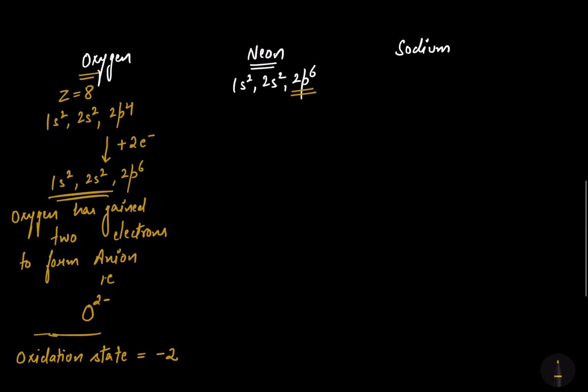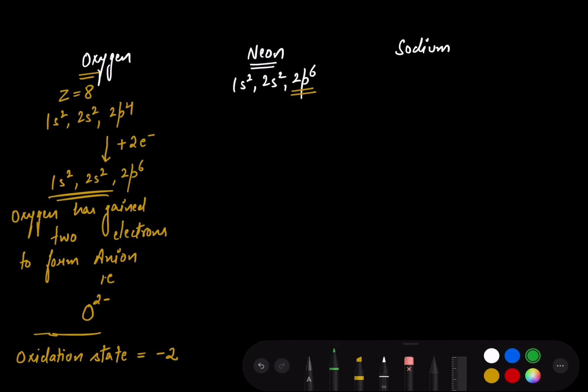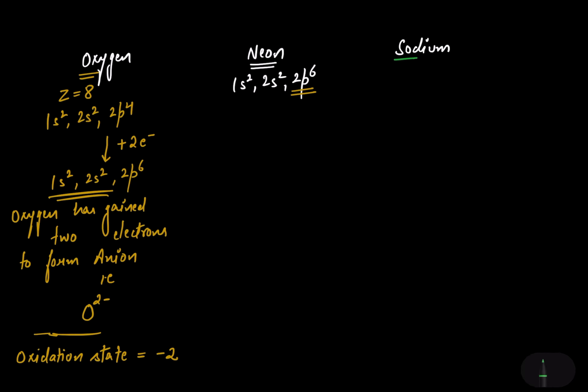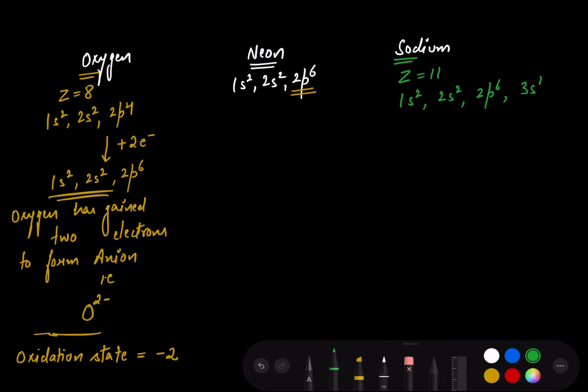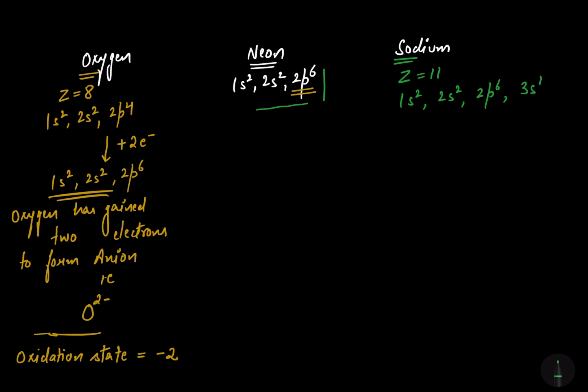Now let's talk about sodium. The atomic number of sodium is 11. Its configuration will be 1s2, 2s2, 2p6 and 3s1. Now sodium again wants to attain a stable noble gas configuration of only up to 2p6.